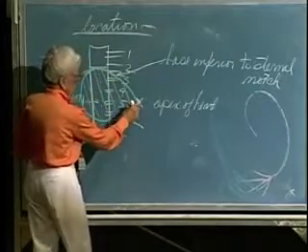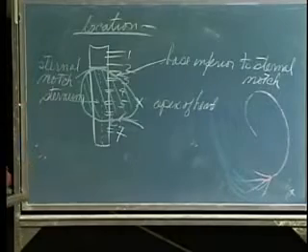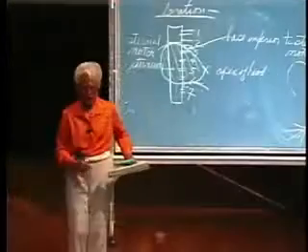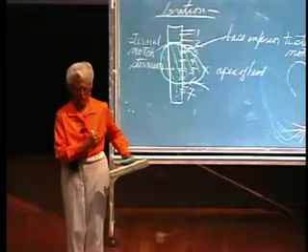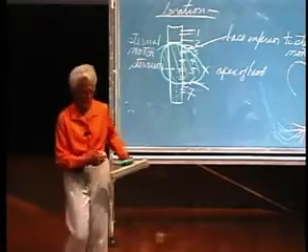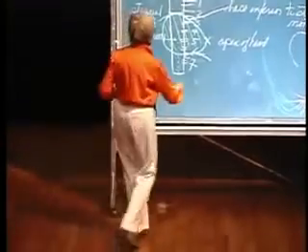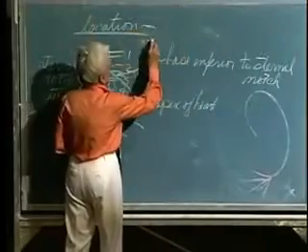How do we know where to put the apex in the 5th intercostal space? It's inferior to the left nipple. So get at your left nipple and just drop down to the 5th intercostal space, and that will be your apex.